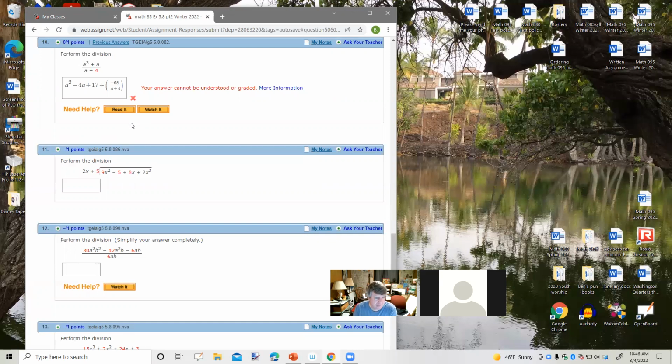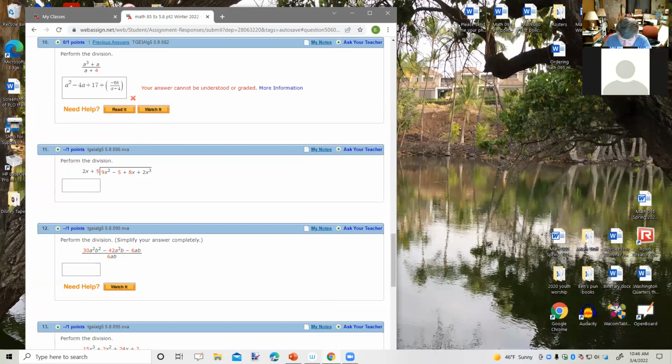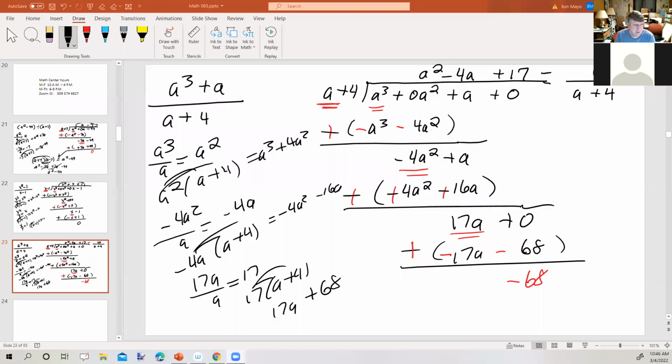So let's see. A cubed plus, I'll go back to my other screen. Okay. So the problem is correctly written: A cubed plus A over A plus 4. So A cubed plus 0A squared plus 1A plus 0, divided by A plus 4.